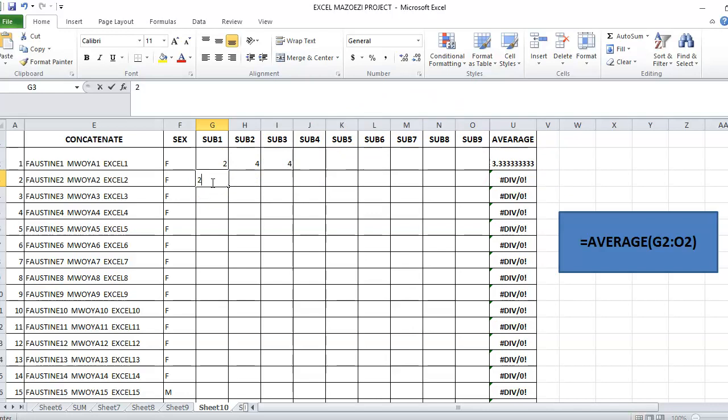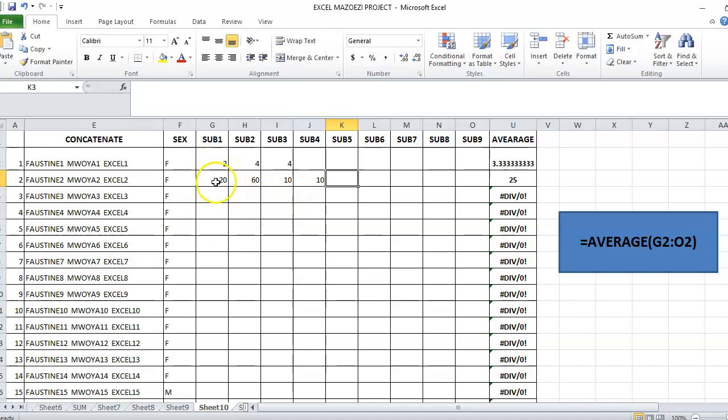Let's say I have 20, I have 60, I have 20, I have 10. Here the total is 100. But how many observations?